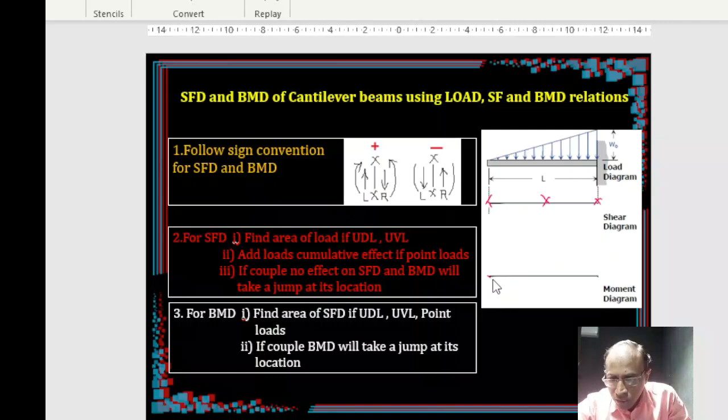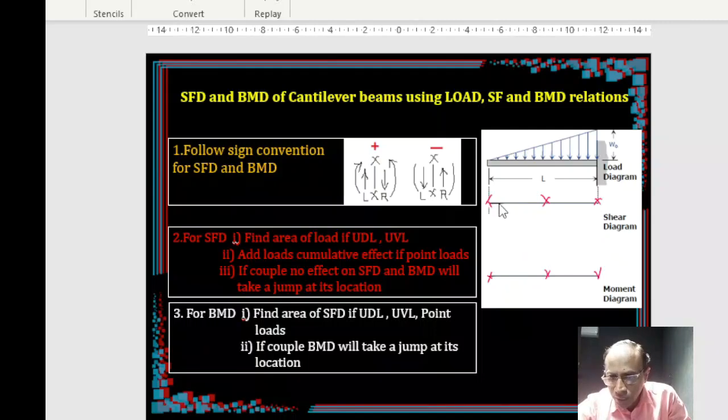You just mark the ordinates here using these very points. If you want a shear force, take the area of the loading diagram. If you want the bending moment ordinates at these locations, you find the areas of the shear force diagram, obtained in the first step, in between the respective points, right?